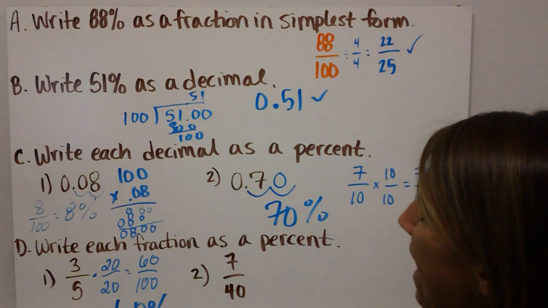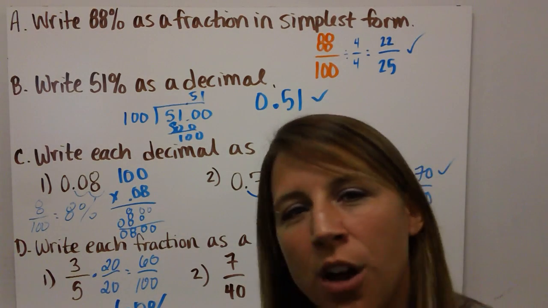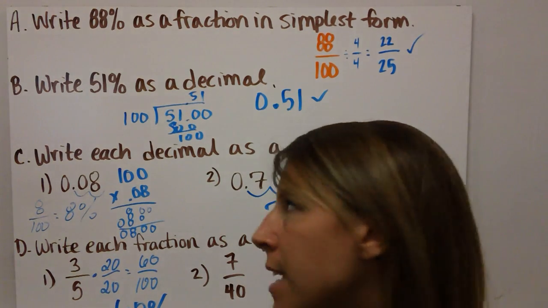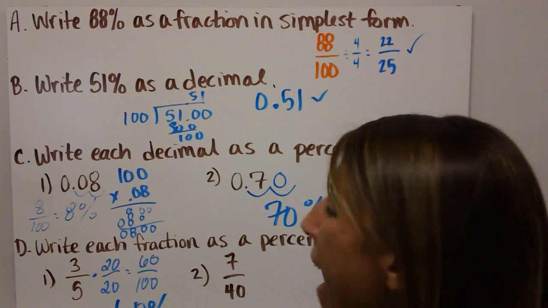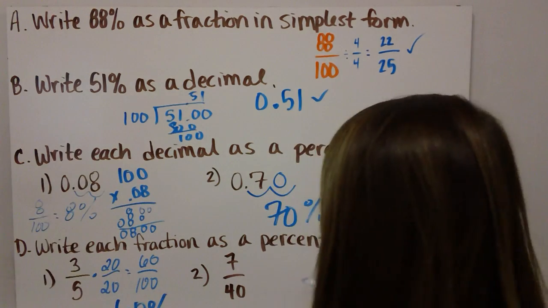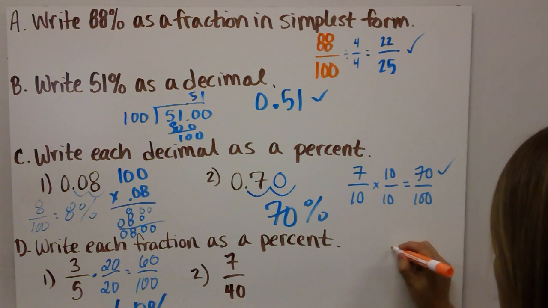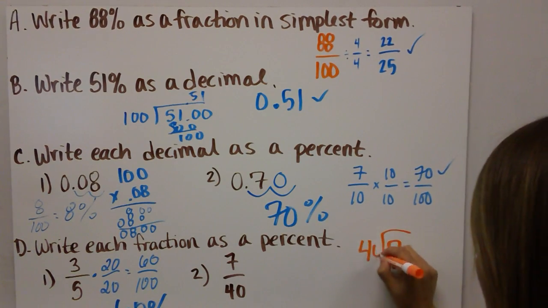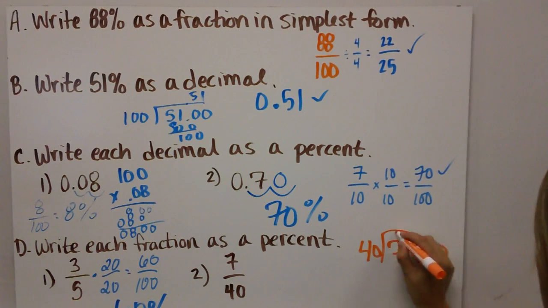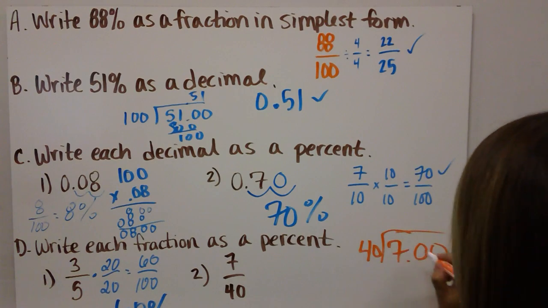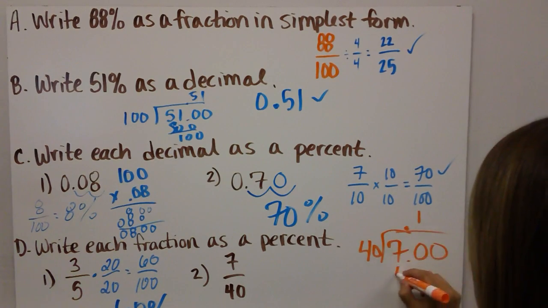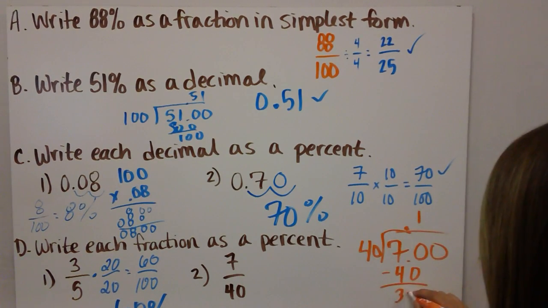How about 7/40ths? Does 40 go into 100 evenly? No, it doesn't. So let's go ahead and divide numerator by denominator. 7 divided by 40. I'm going to do that over here in orange. 7 divided by 40. I know I have to add that decimal and a little bit of room. 40 goes into 70 once. It's 40. 30 left over.